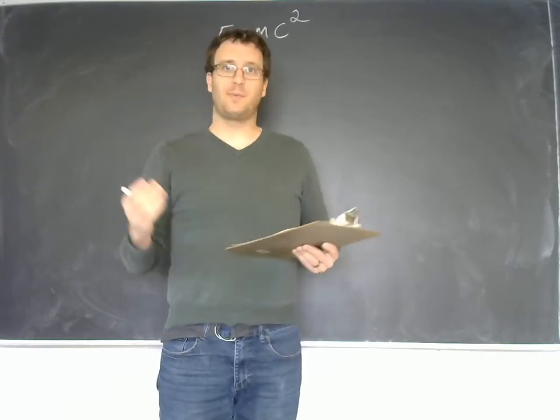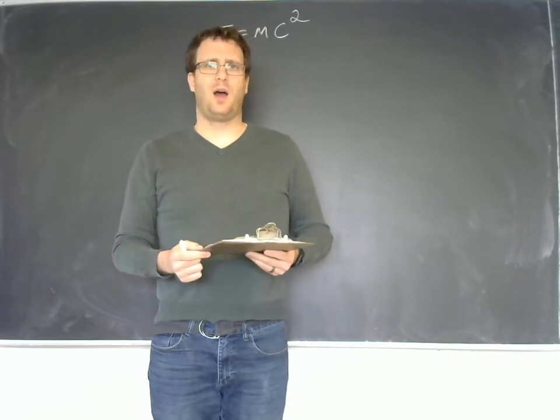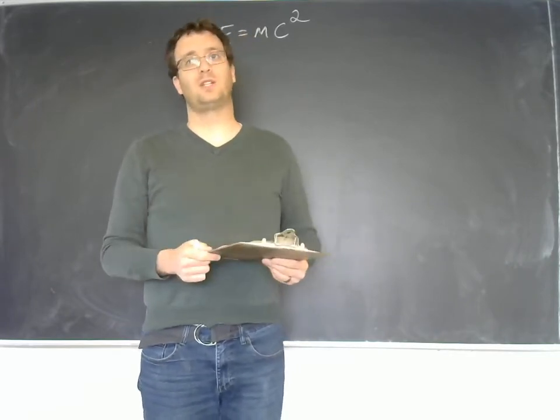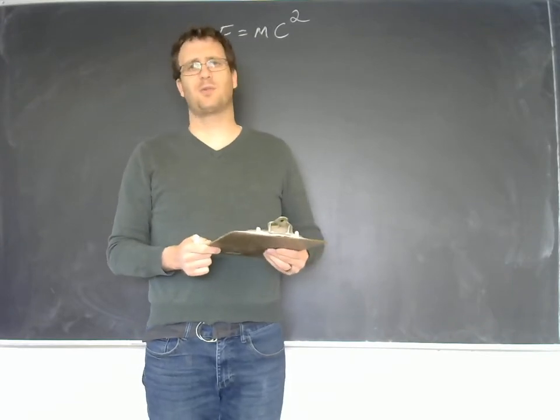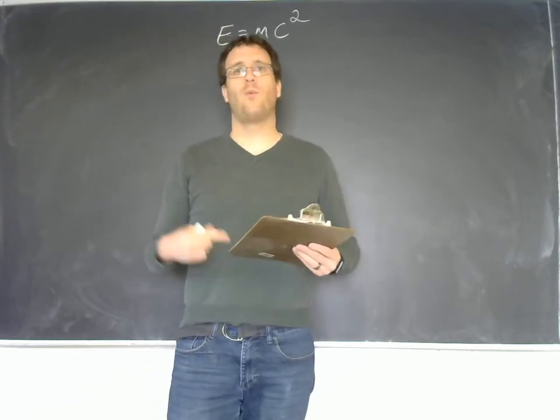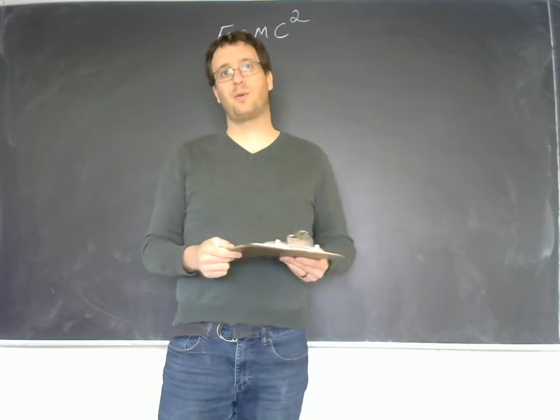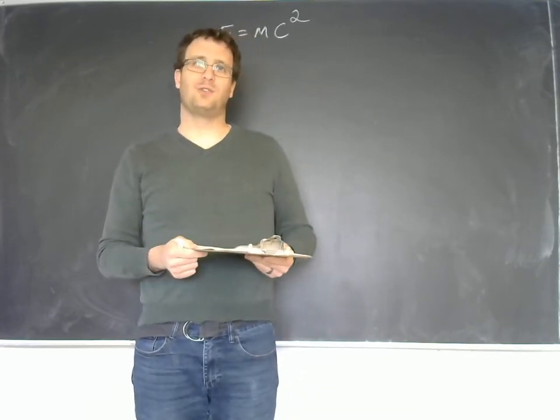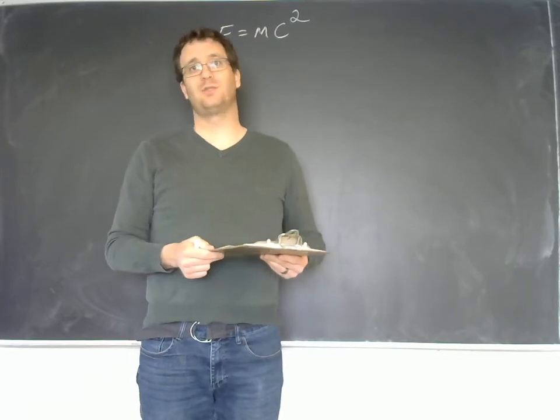Dalton's atomic theory stated that those sorts of transmutations were impossible, that no chemical reaction was going to change one element into another. And that's true about chemical reactions. But nuclear reactions actually do change one element into another.